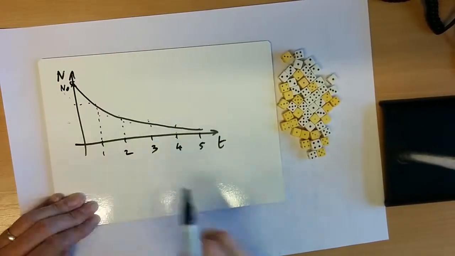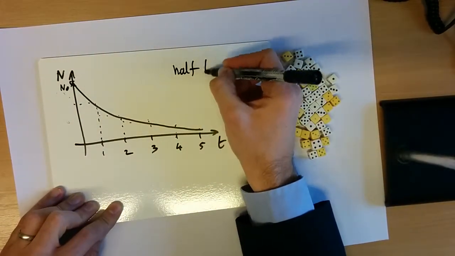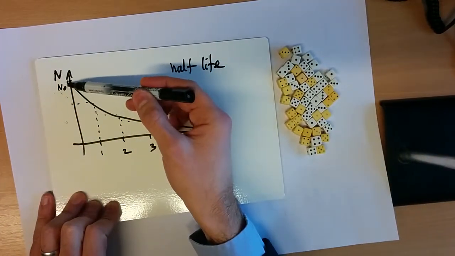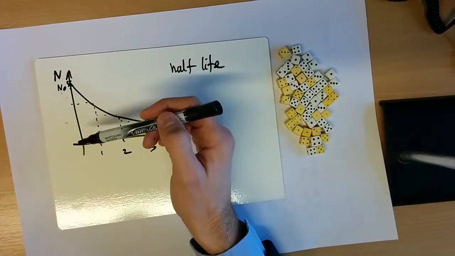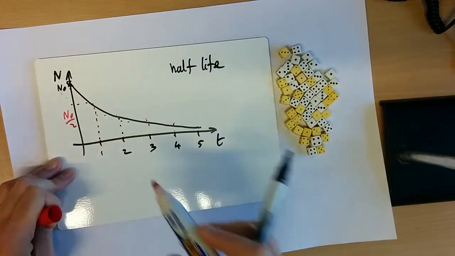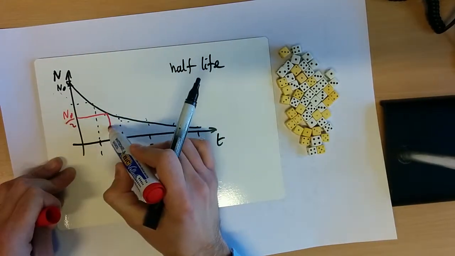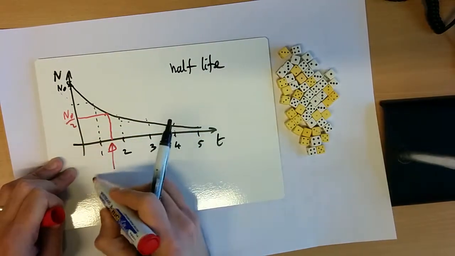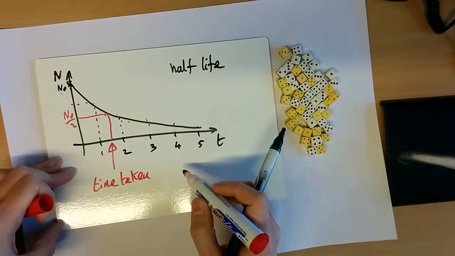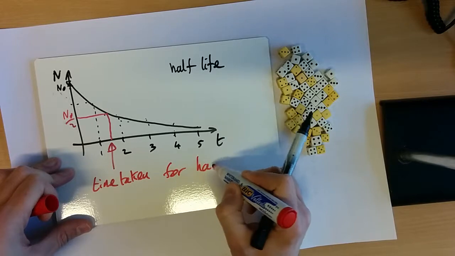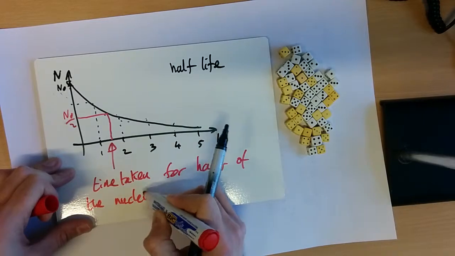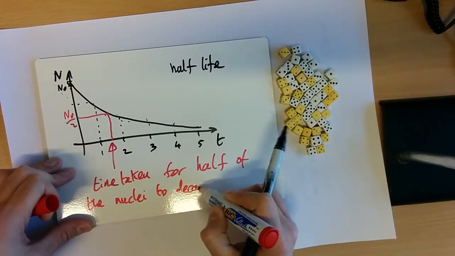Now we want to look at something called the half-life. This is where we started. If we want to come down to a half, so we want to come down to n0/2, this is the time taken, the half-life, the time taken for half of the nuclei to decay.